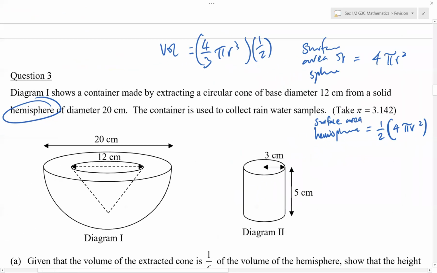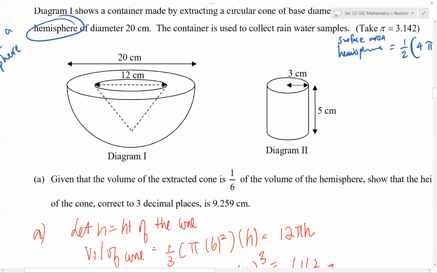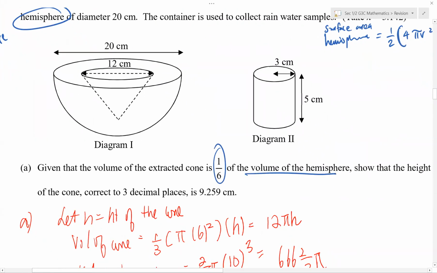So now, the volume of the extracted cone is 1/6 of the volume of the hemisphere. This is testing whether you know to form the equation. Volume of cone is 1/6 volume of hemisphere. You can literally translate that into a mathematical equation.